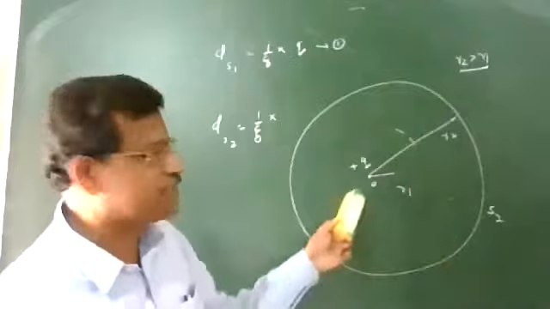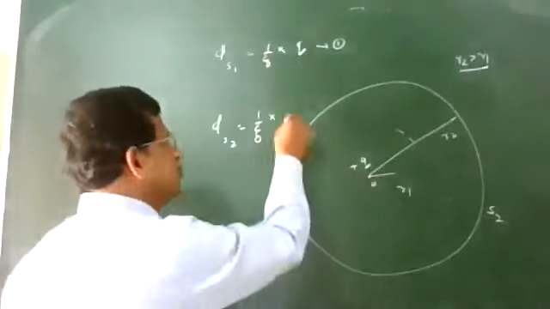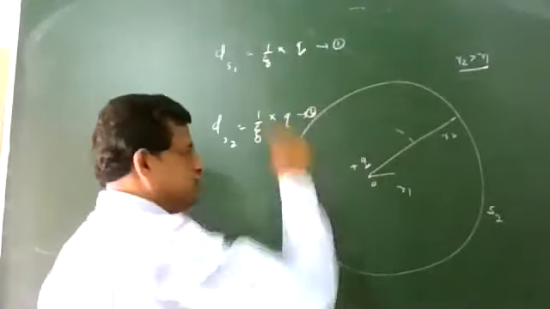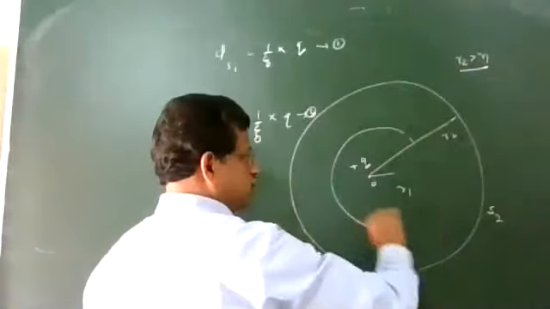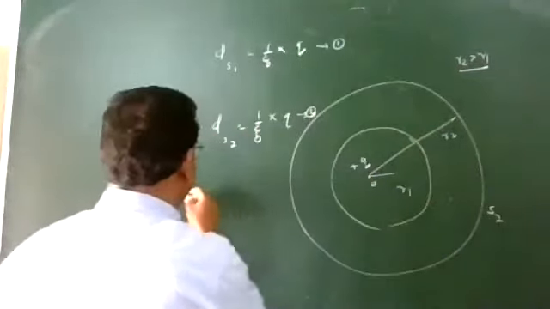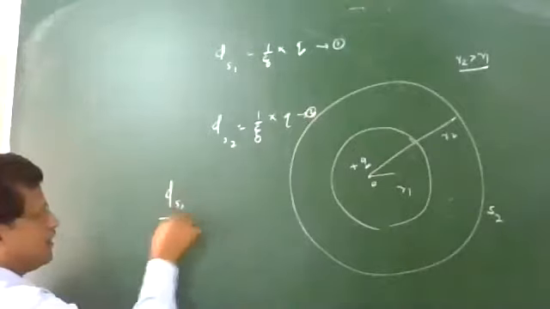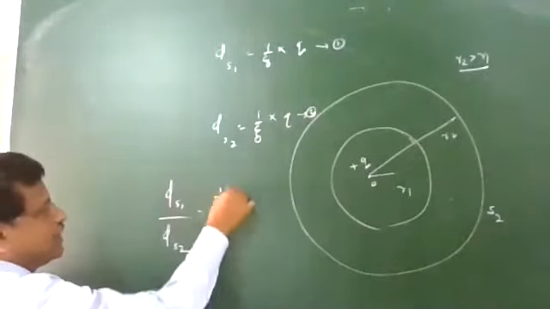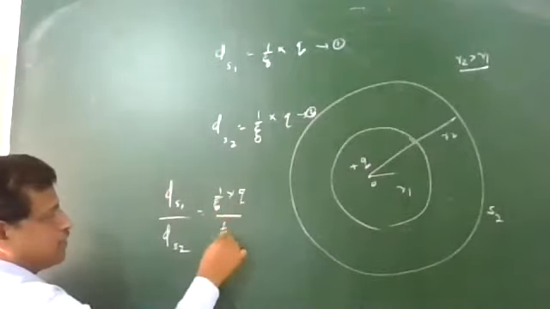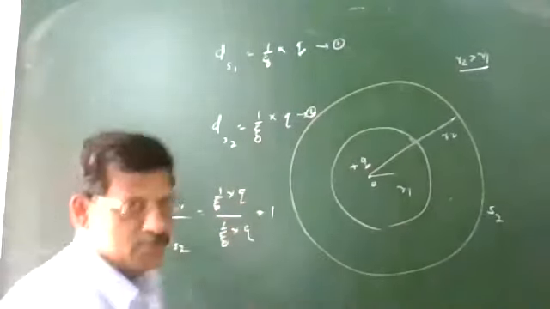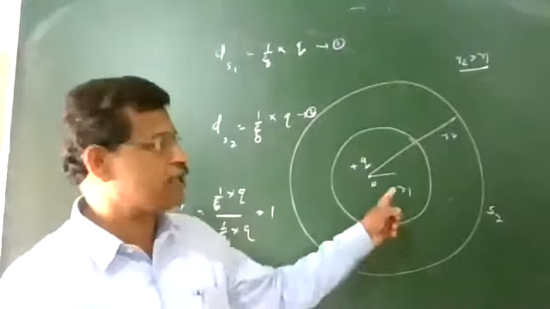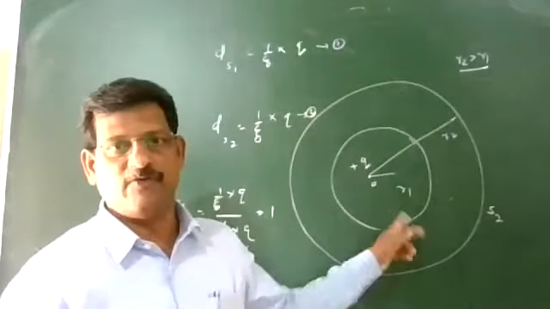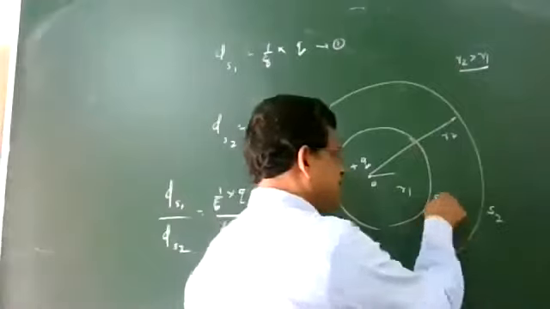Charge inside S2 is the same plus Q itself. So what is the ratio? Ratio means flux through the first surface to flux through the second surface. It is the same value, same flux. 1 by epsilon 0 into Q, that is equal to 1. Ratio is the same. That means if the flux through S1 is 100, the second surface will also be 100.